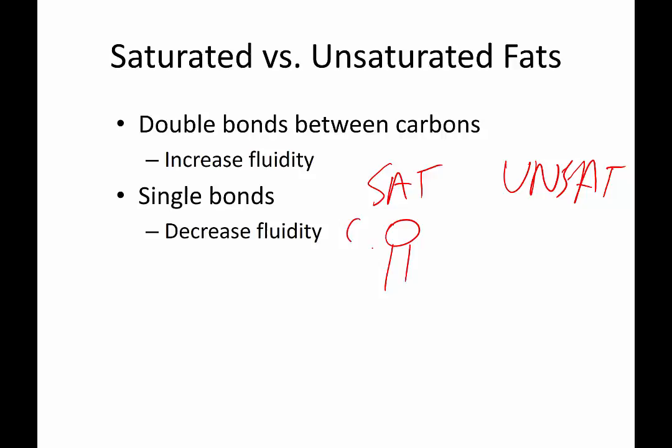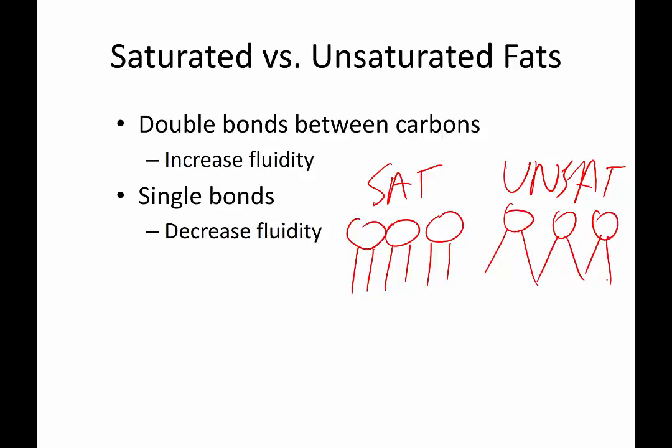So just like in saturated triglycerides, saturated phospholipids are very compact. Unsaturated phospholipids, though, are very spread out. So just like in a saturated triglyceride, like butter, that's very compact, that's going to be more solid.